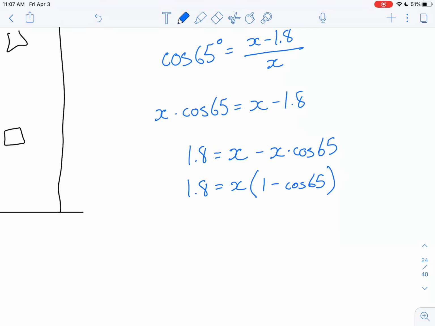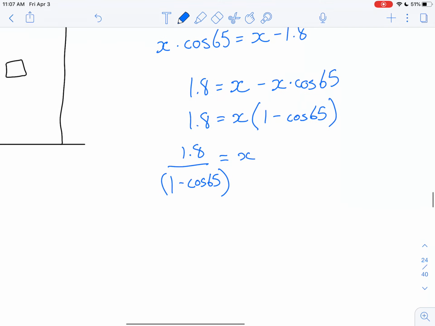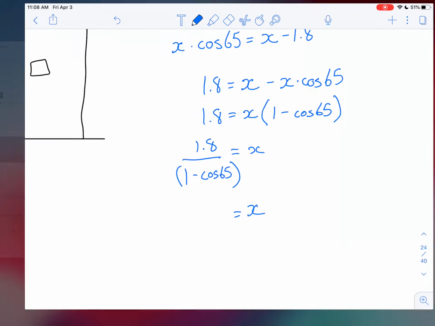I'd rather type that in the final stages, in my very last line of work, and let the calculator hold all the decimals. So then if I want to solve for x here, I'm going to divide both sides by 1 minus cos 65. Brackets. So now I can type 1.8 divided by bracket 1 minus cos 65. All the decimals will be held in my calculator, and I'm not going to have to round mid-question.